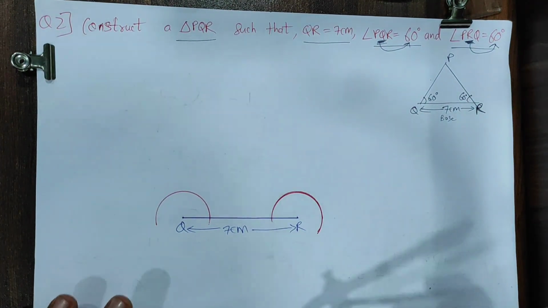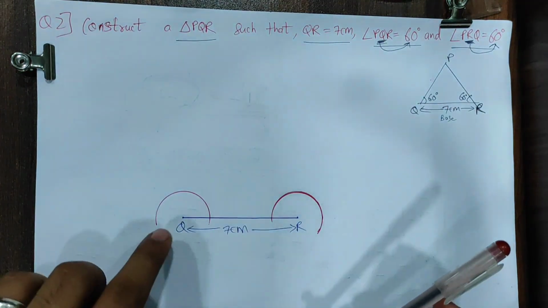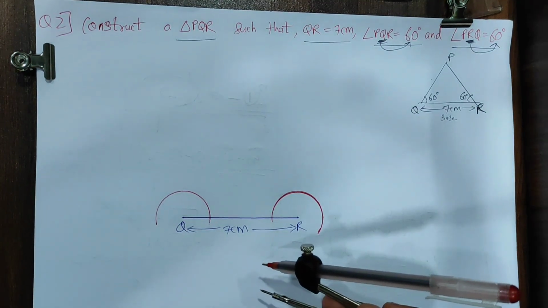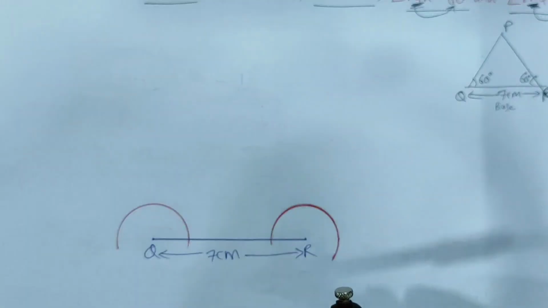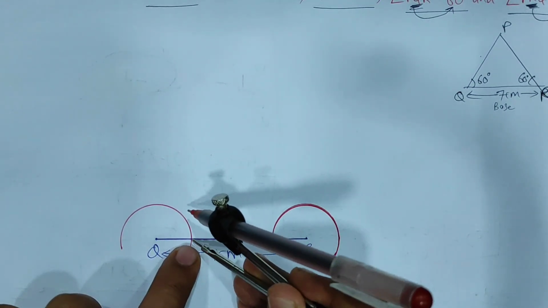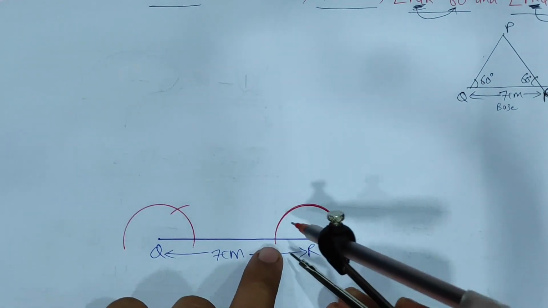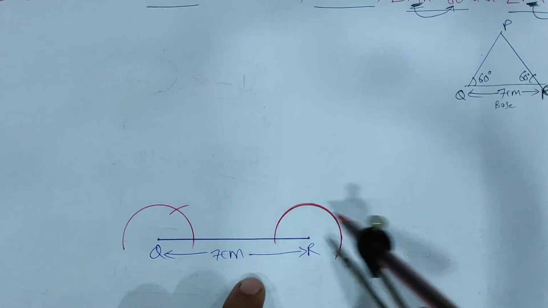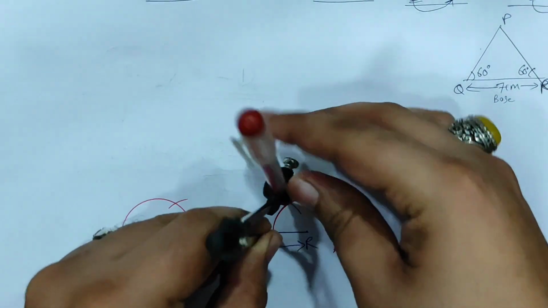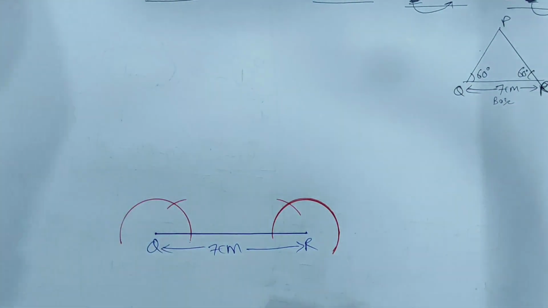Now, listen very carefully. 60 degree I want at Q. The point where this arc cuts this base QR, at here I will keep the compass and I'll mark an arc over here. And same, the point where this arc cuts my base QR over here, I'll mark an arc over here. Don't change the radius of this compass.